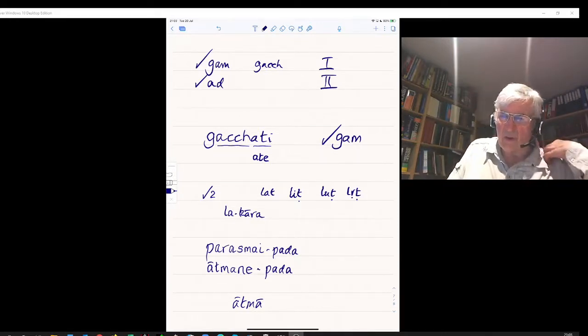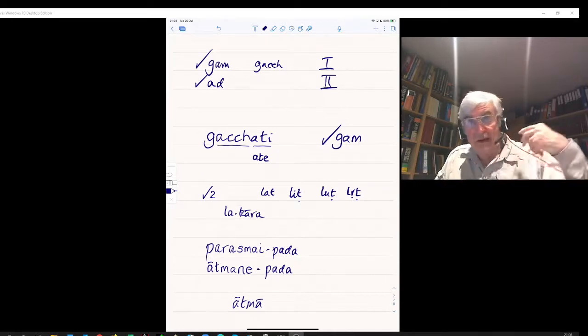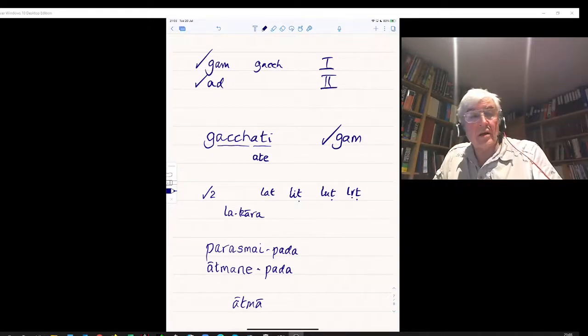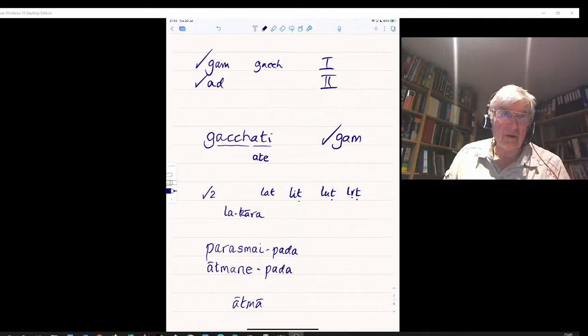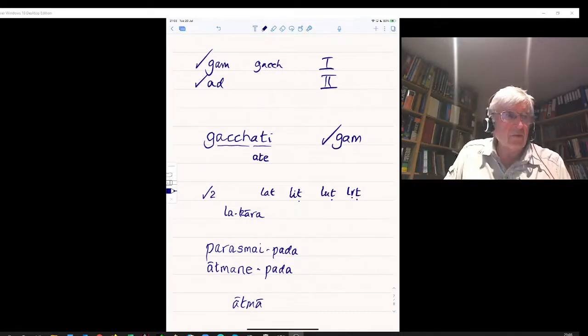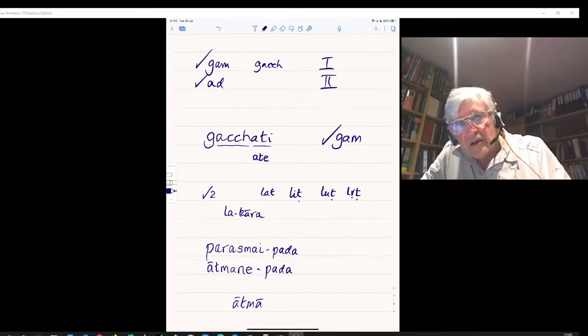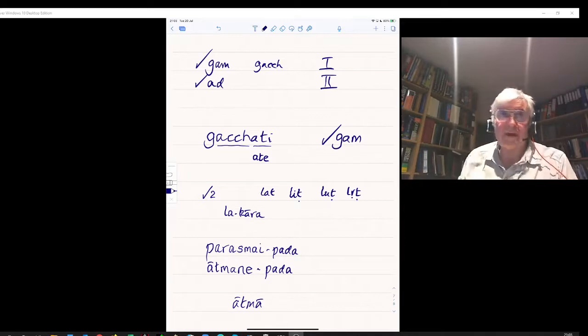It doesn't always work exactly like that. Sometimes you have words that to us look like pure active verbs, but they might take this atmanepada ending. You just learn them as they go along. Some do both. The distinction was quite carefully made in Vedic times and in the very early history of the language.